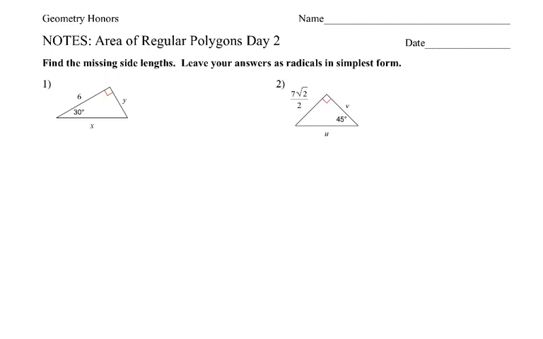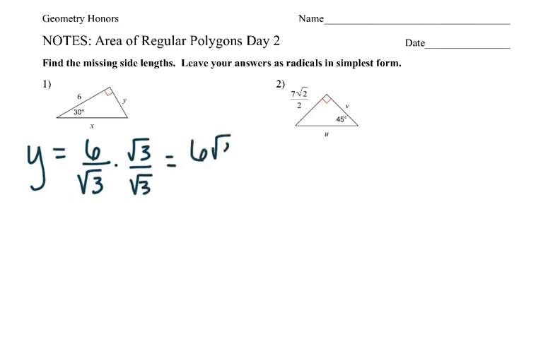So to go the opposite way, we're going to say that y is equal to 6 divided by root 3. And we'll need to rationalize that. So we'll multiply it by root 3 over root 3. And get that y is equal to 6 root 3 over 3. But 6 divided by 3 is 2. So it's 2 root 3 for y.